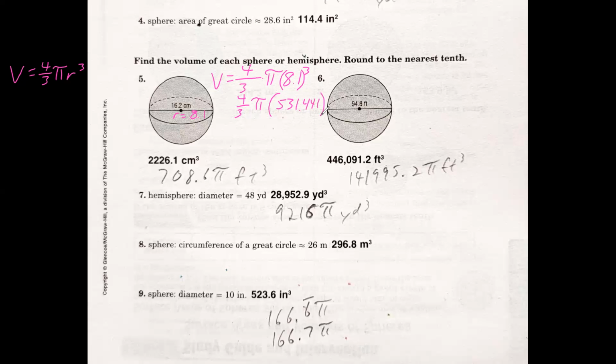All right, so 531.441, multiply by 4, divide by 3. So times 4, divide by 3. You get 708.588 pi, and then you have to multiply by 3.14, and that gives you that final value of 2226.1.